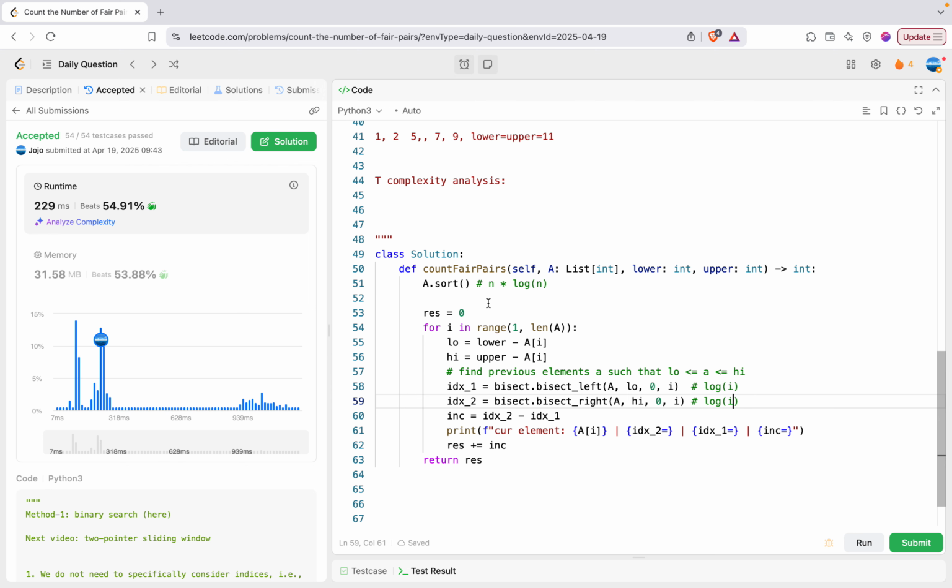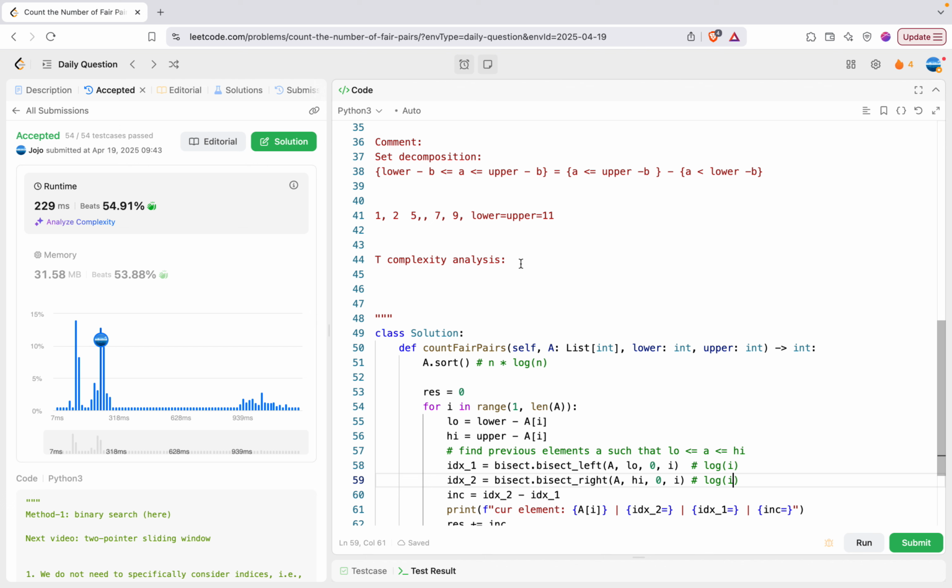So the overall time complexity will be n log n plus the summation of log i with respect to i between 1 and n minus 1, right?